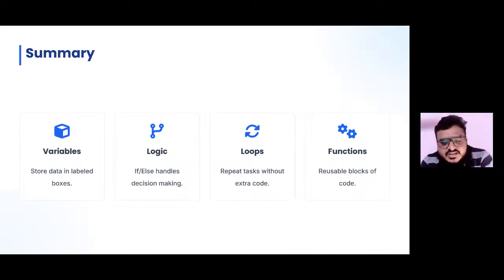And we have seen how loops work, how we can do repeated tasks without writing extra code, like we used for loop and while loop. And we have seen how functions work. We can just write a code and call it again and again, so we can execute it whenever we want in our program. So this is what we did today.